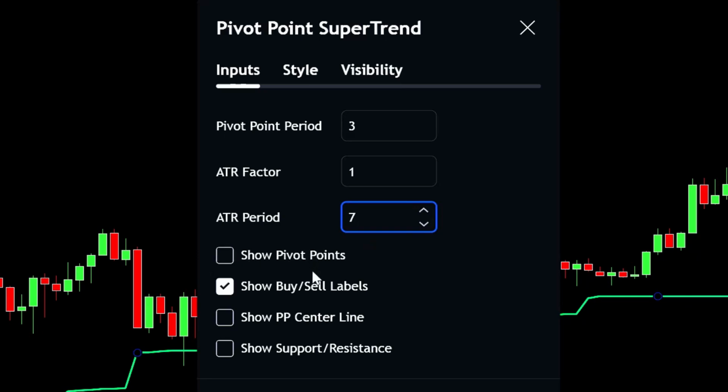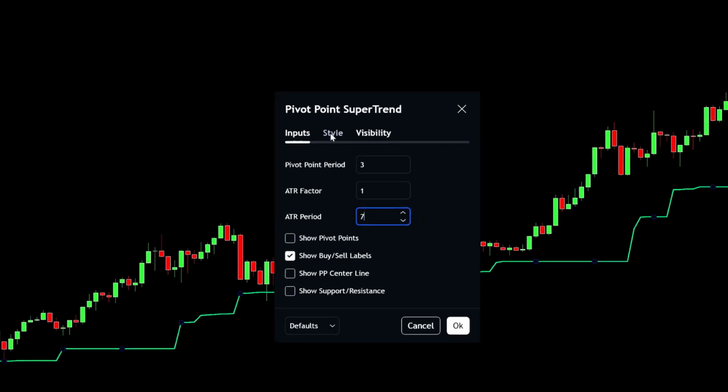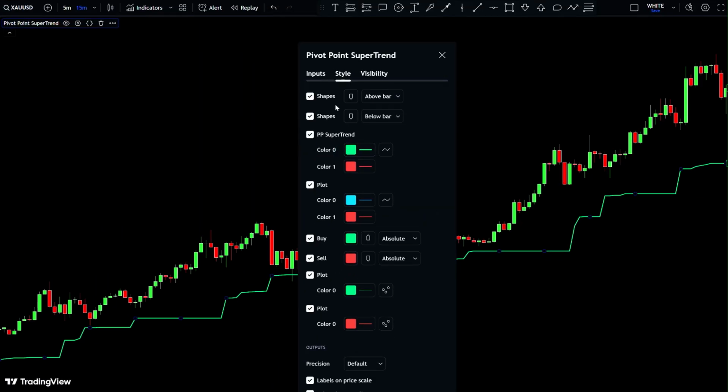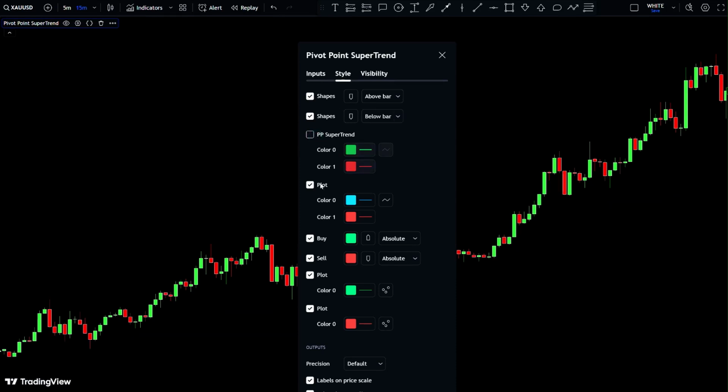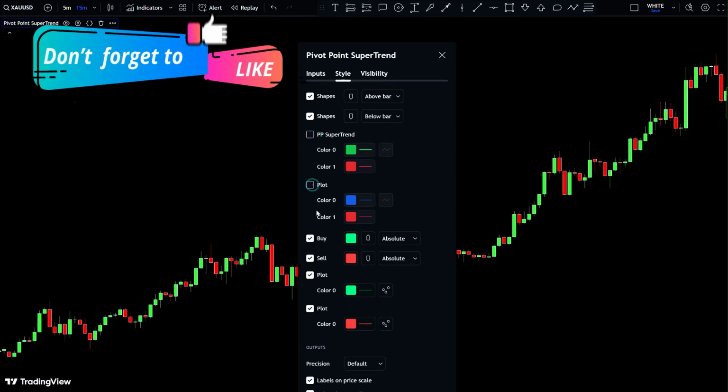Next, ensure that only the Show Buy Sell Labels option is enabled while disabling the rest for a clear and easy to read chart. Now head to the Style tab and disable all options except shapes and buy and sell signals. This will help maintain a clean chart layout.